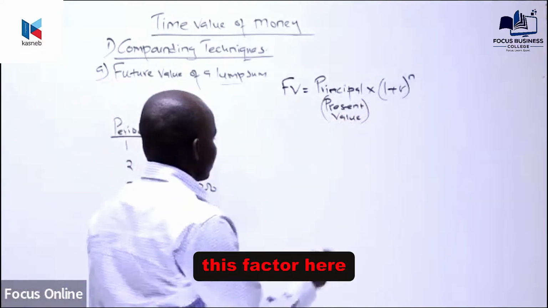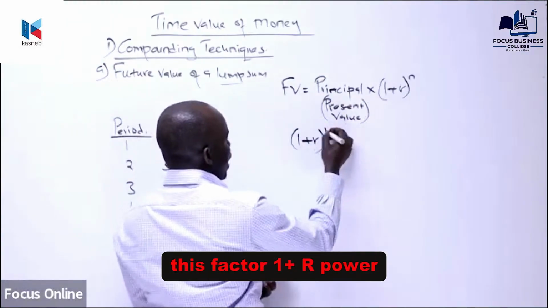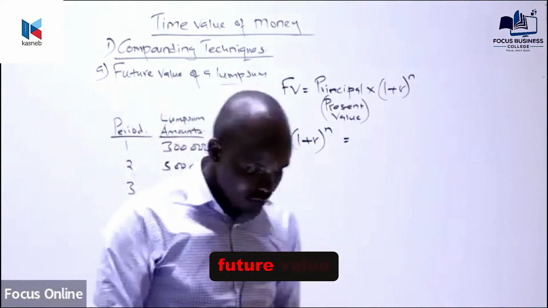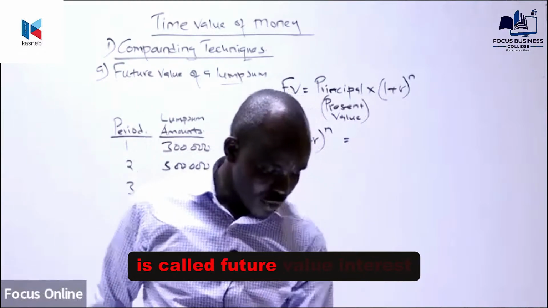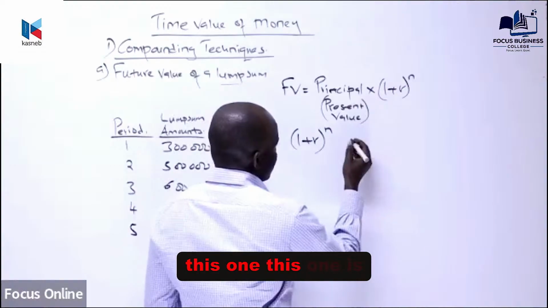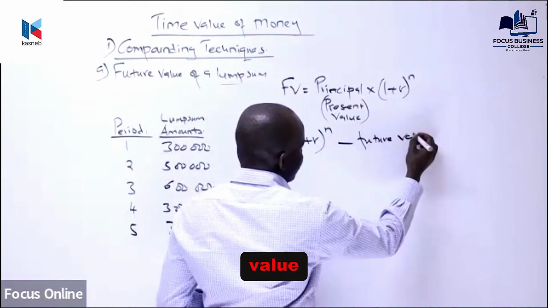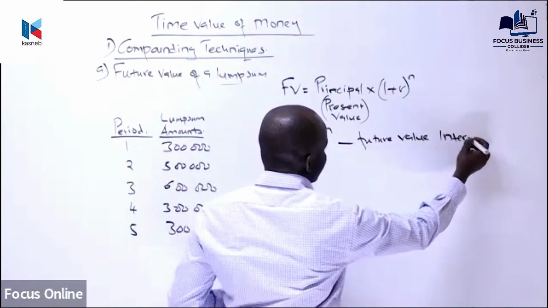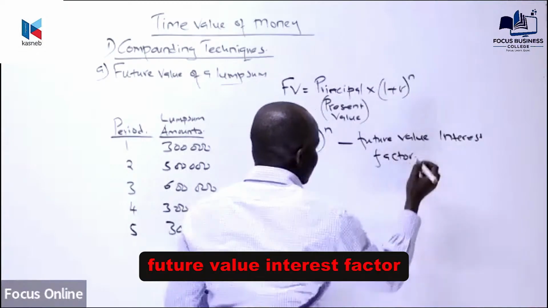This factor here, 1 plus r power n, is called what? It is called the future value interest factor.